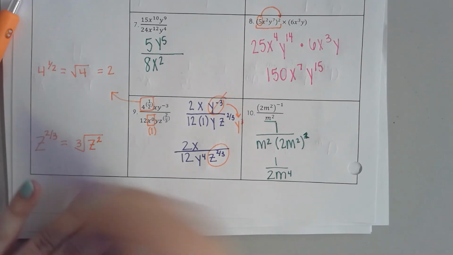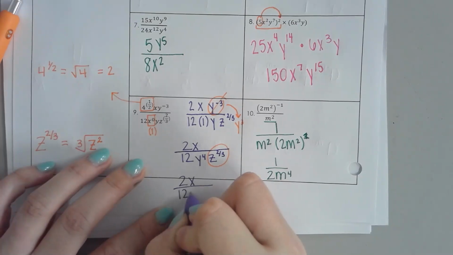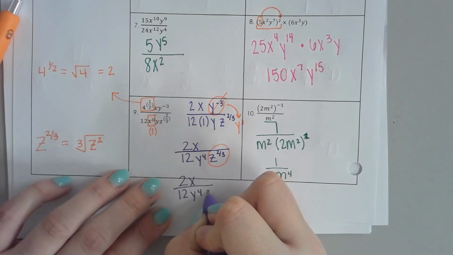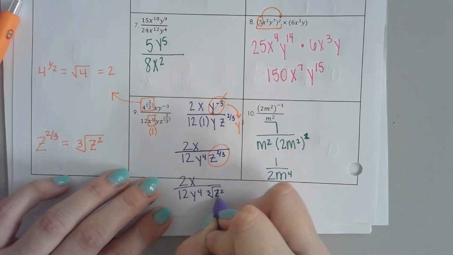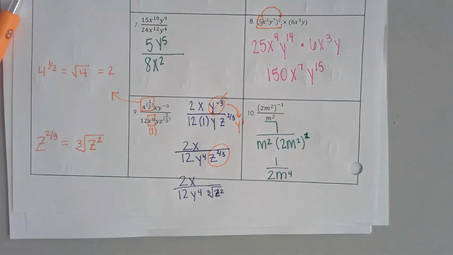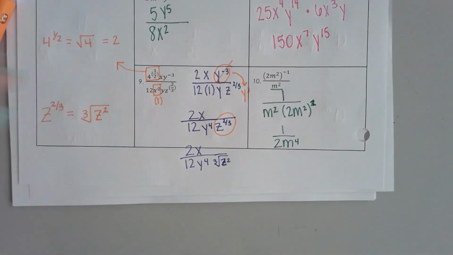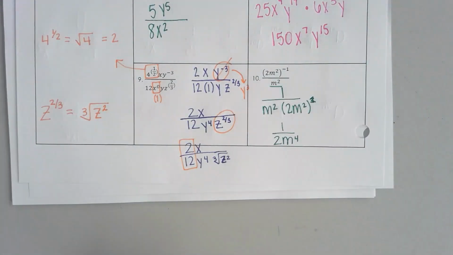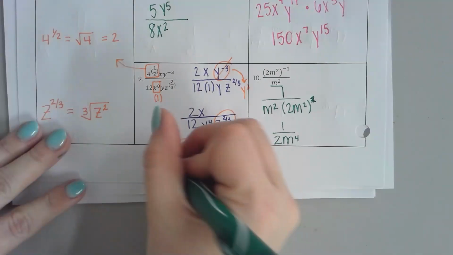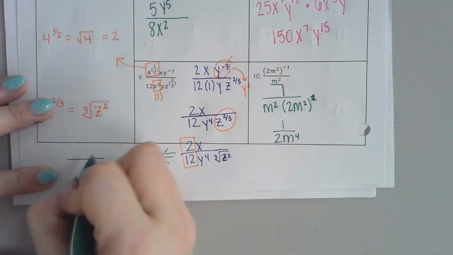So I'm going to rewrite that. Yep. And I can do one more thing, that 2 over 12 becomes 1 over 6.